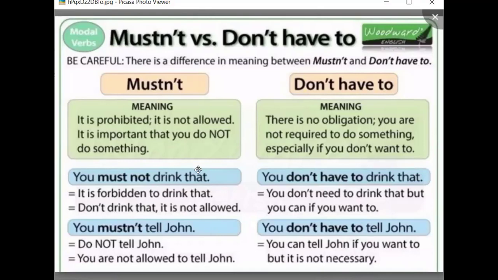These sentences explain everything. You must not drink that. You don't have to drink that. The difference is very obvious. It is forbidden when you are using must. Don't drink that. It's not allowed. And here you don't need to drink that, but you can if you want to. So the differences are very obvious. Let's move to another one now.